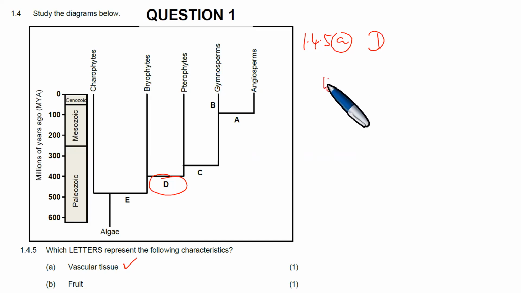And now in part B 1.4.5, which letter relates to the floral characteristics of a fruit? There's a letter that relates to a fruit. That's obvious. The fruit relates to plants, and the plants relate to the things here.